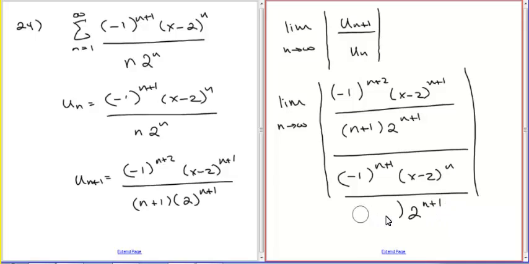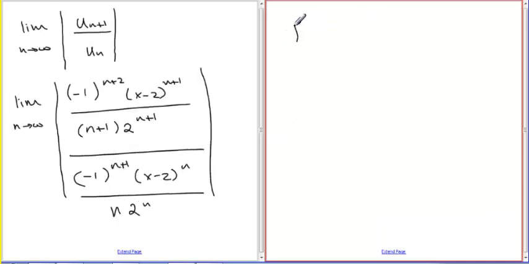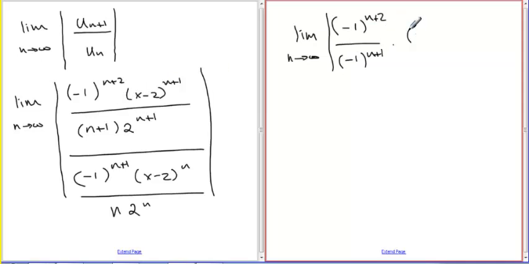Okay, that looks good. And then we take the reciprocal and match things up. So we're going to have -1 to the n plus 2 divided by -1 to the n plus 1. Then we have x minus 2 to the n plus 1 divided by x minus 2 to the n. And then we'll have n plus 1 here in the denominator, which leaves n in the numerator.